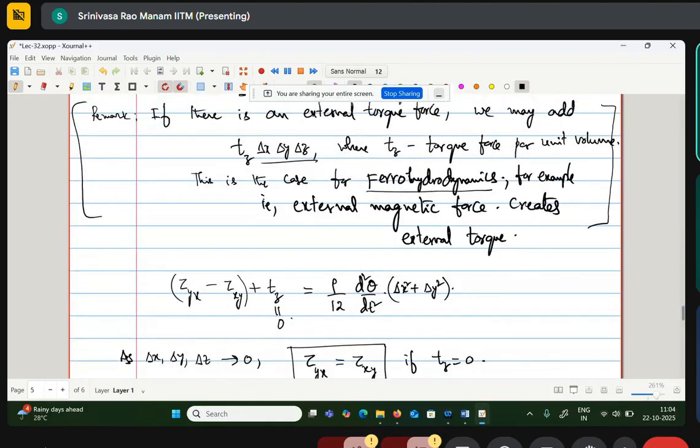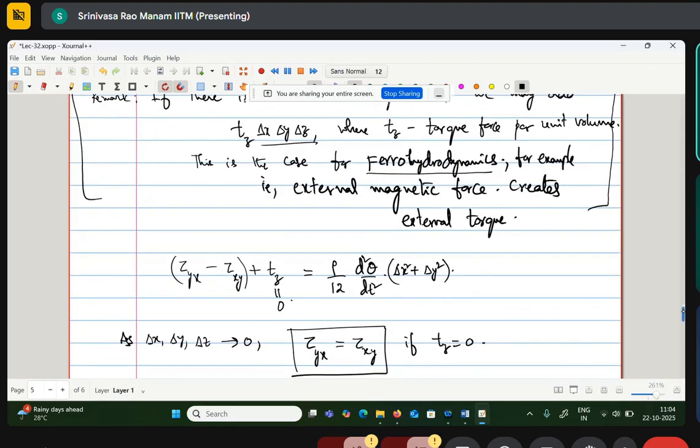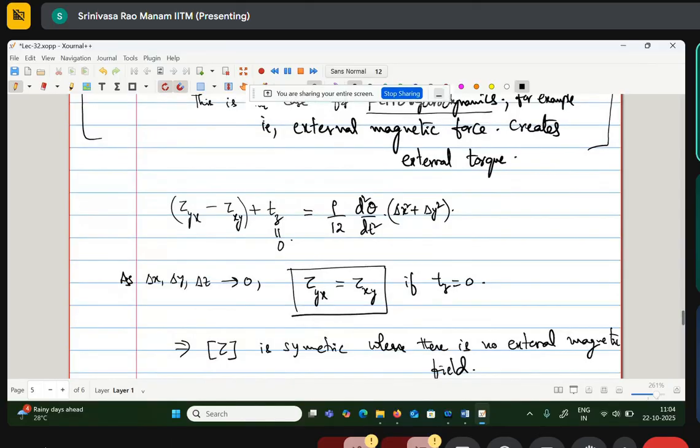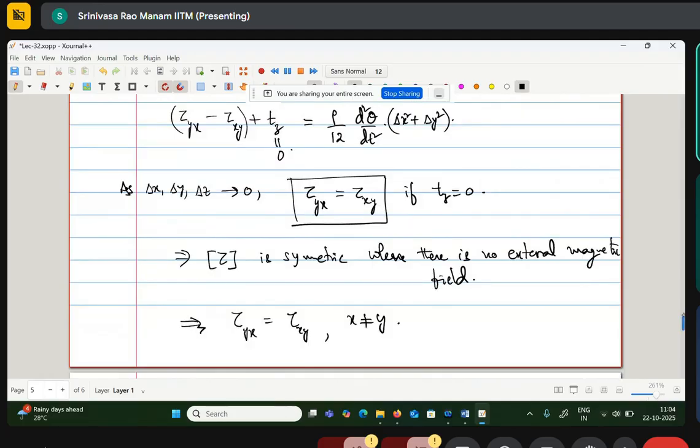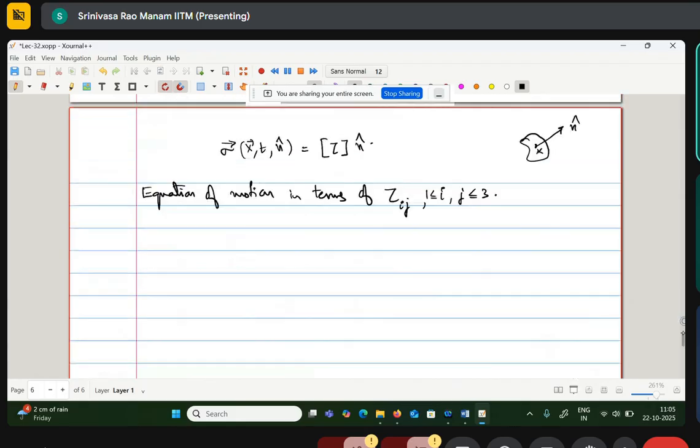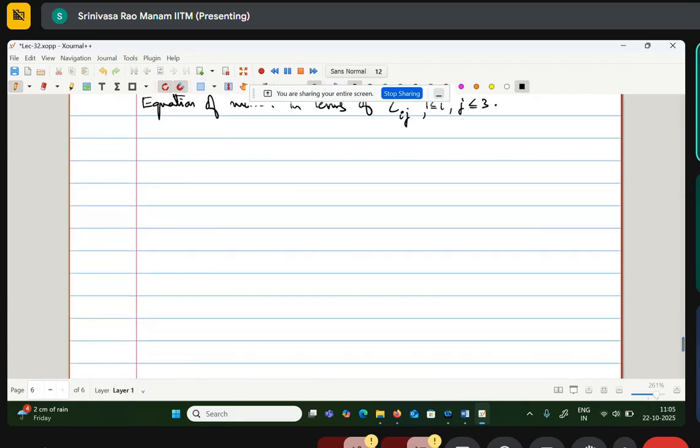Ferrohydrodynamics may be the case where you have an external force that creates an external torque, so you may not have the symmetry. But in the usual fluids under gravitational force, for example water, you have the symmetry. So this is how you get your symmetry.